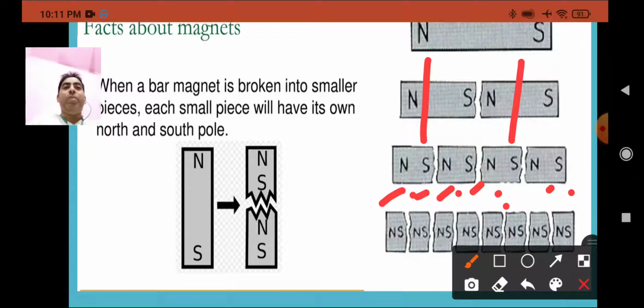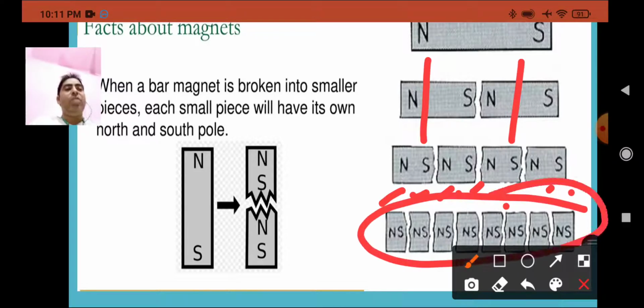The poles of a magnet always exist in pairs. However much we break the magnet, they exist in pairs, north south and north south. We can also say that the poles of a magnet are inseparable.